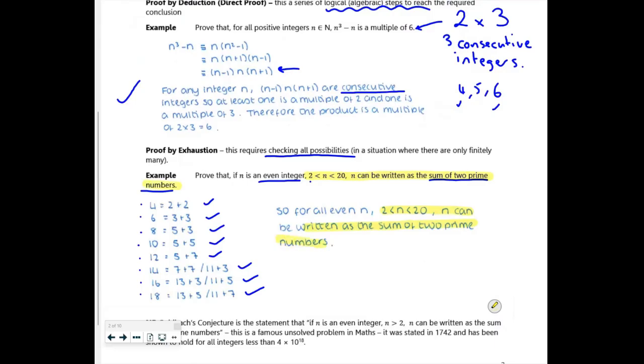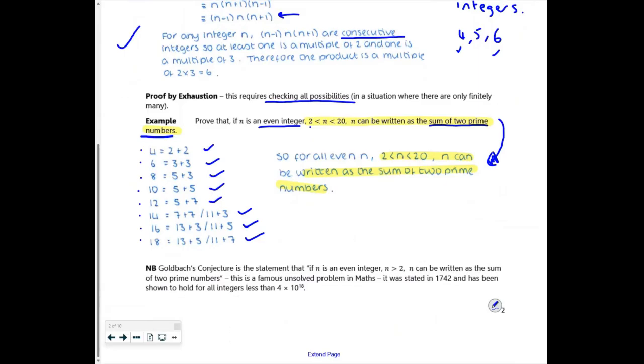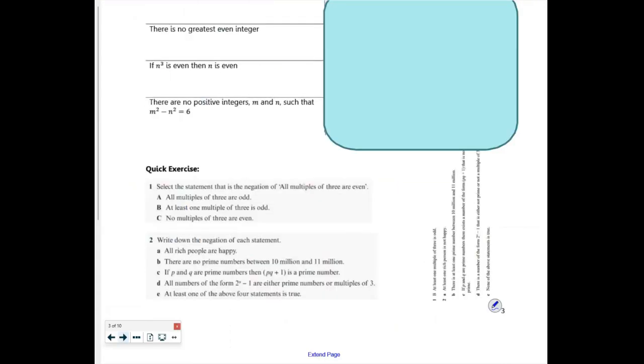So what's important there is that the answer has the question in it. So when you do your conclusion, you want to write the question into the conclusion. That's important now. Here we go, about Goldbach's conjecture. There. Right then, let's have a look.